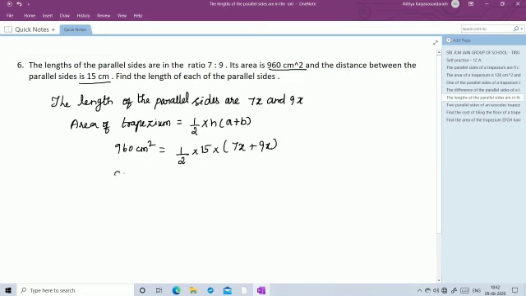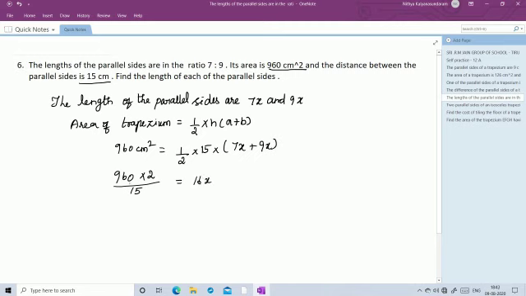So bring that side, 960 into 2. If you are moving that side, division becomes multiply, and if you are moving this side, multiply becomes division. It's equal to 7x plus 9x, so 7x plus 9x is 16x. Then if it is possible to cancel, we can cancel.